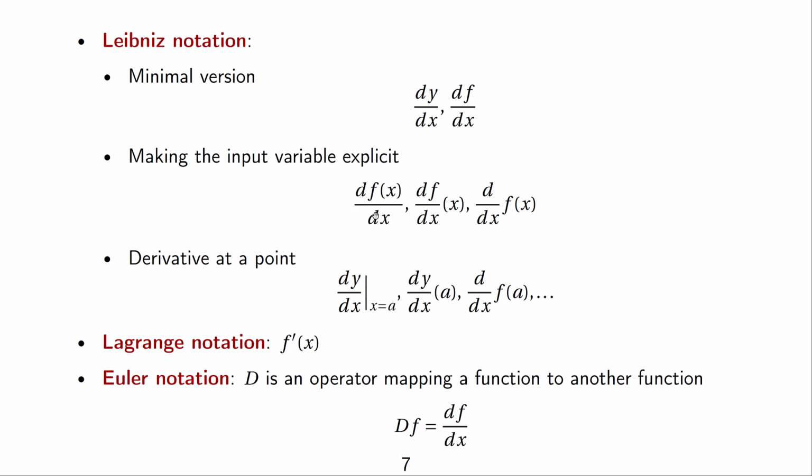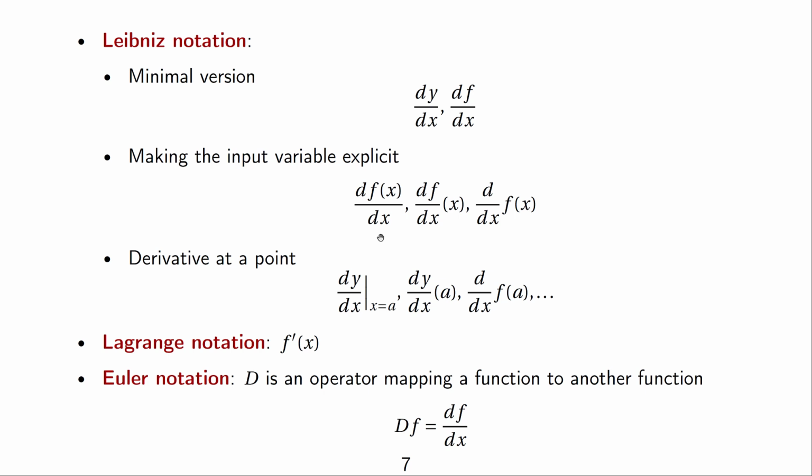So the f of x dx, or df and then the x written down here, dx, or d dx, this is more written like an operator, and then f of x written here like this. So all these types of notation are possible, and you can see them. Authors even mix them, and these types of notations are fairly common, fairly widespread.